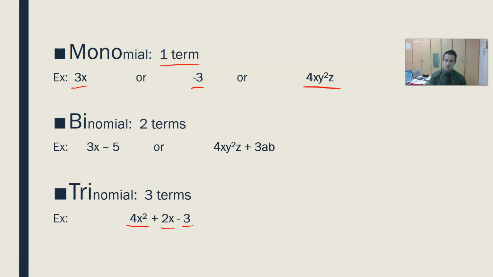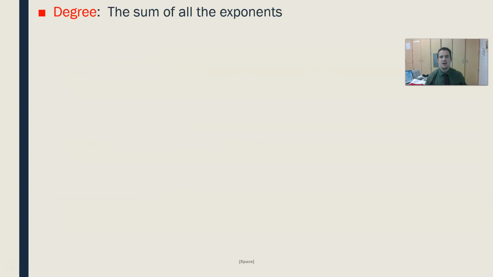So 4x squared plus 2x minus 3. Here's 1 term, 2 terms, 3 terms, separated by addition or subtraction. So monomial, binomial, trinomial are 1, 2, and 3 term polynomials. Anything above that we just denote as a 4-term polynomial, a 5-term polynomial, etc. Okay, let's go ahead and talk about some other helpful tips and tricks associated with polynomials.